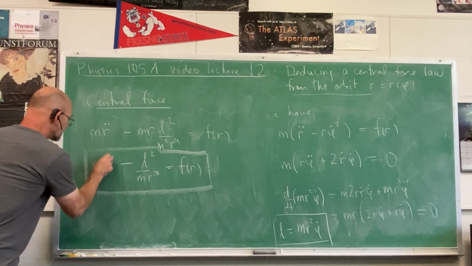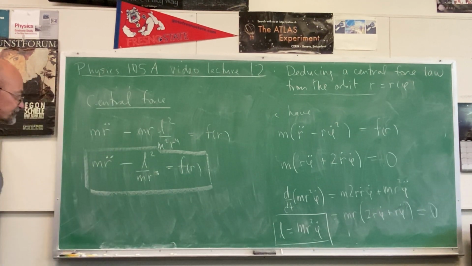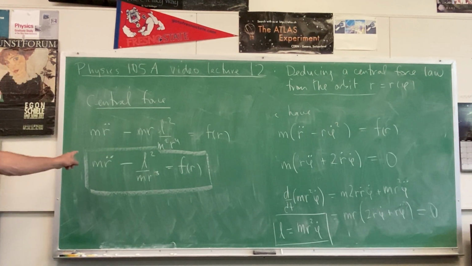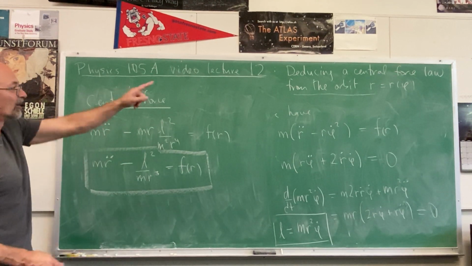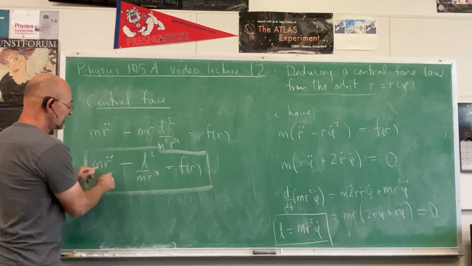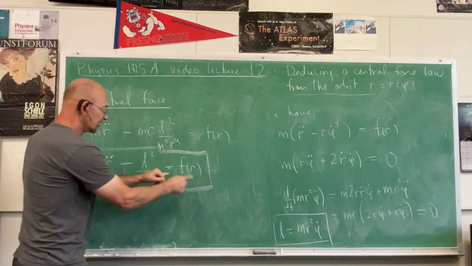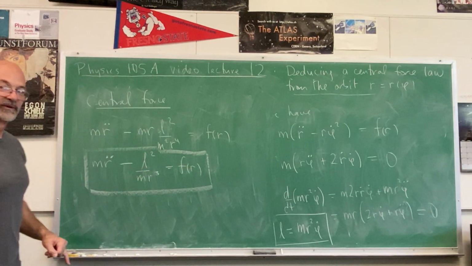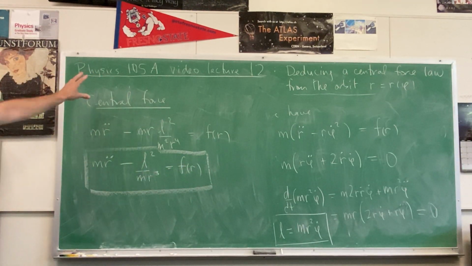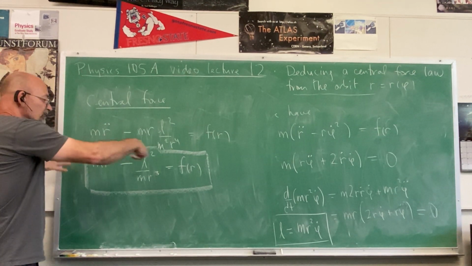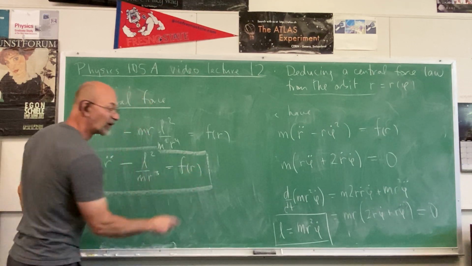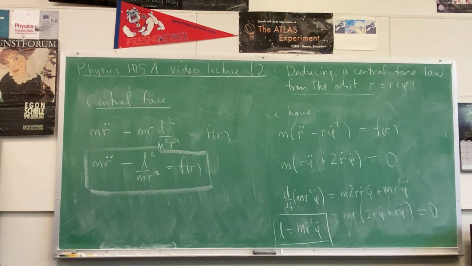We have to work on this for a little while longer. But what we're trying to do is find a way to take R of phi. We already have this expression, and then find out what is F of R equal to. So that's our goal. The R of phi, the Kepler problem, for example, the Kepler ellipse, we want to be able to plug it into a formula here and get the F of R out. That's the idea. So good.